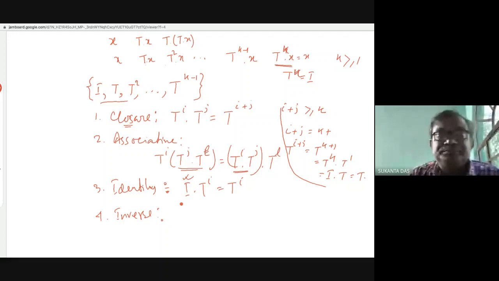In fact, the inverse can be shown in another way also. What is the meaning of inverse? If you take T to the power i, and say its inverse is A, then the product should be I. Now you can always have this A. How?